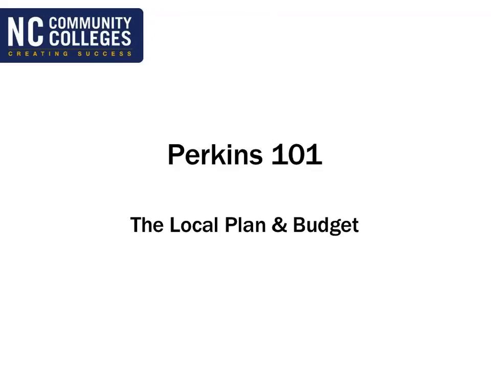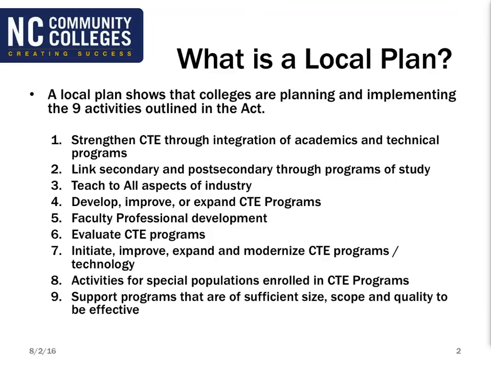So today what we're going to talk about is your local plan and budget. You'll remember from our webinar last week that we spoke about the 9 required activities. And your local plan is really a document that helps you tell us and others how you are addressing each of the 9 required activities.